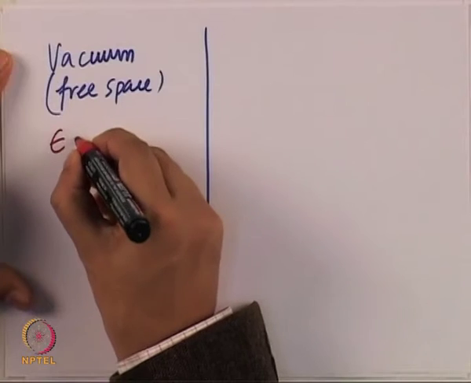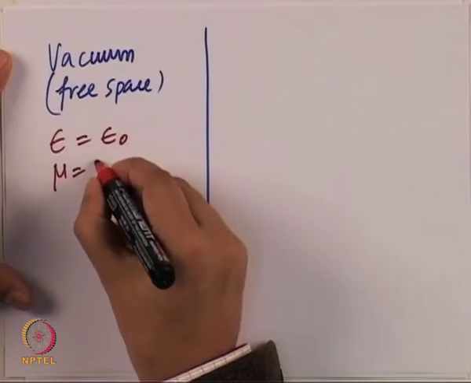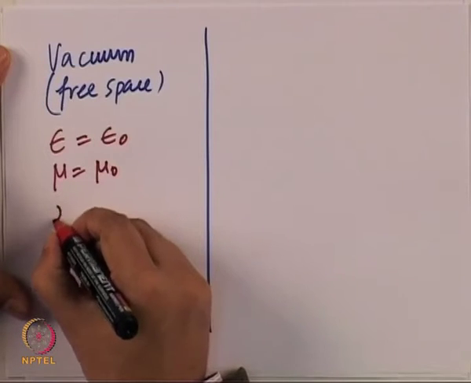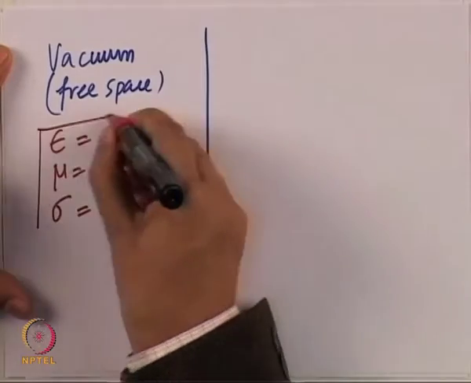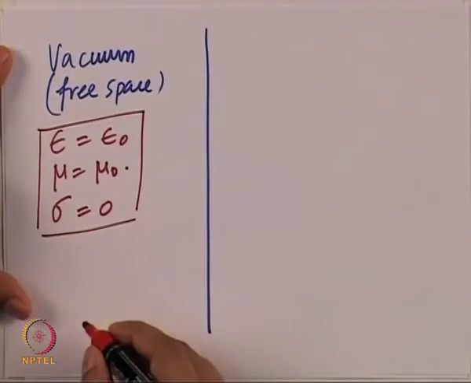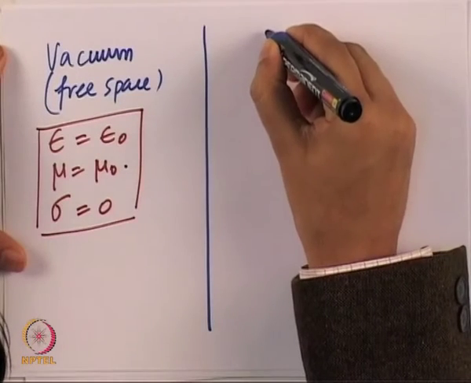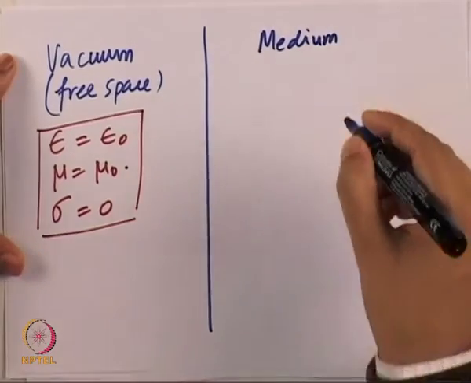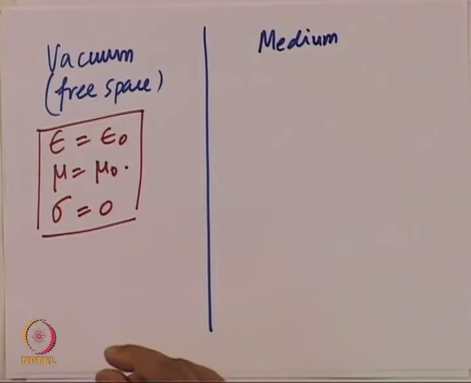So epsilon is going to be epsilon naught, mu is equal to mu naught, and sigma is equal to 0. So these are the free space counterpart, and now we are going to enter into a medium with certain parameters that are going to change.